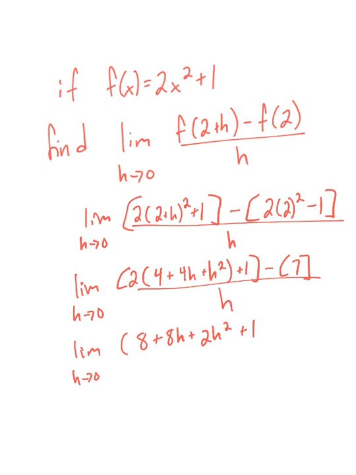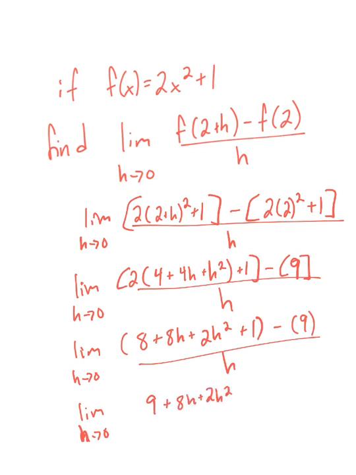Okay, oops, my bad. This should be a plus 1, that makes this guy 9 minus 9. So 8 plus 1 is 9, plus 8h plus 2h squared minus 9.